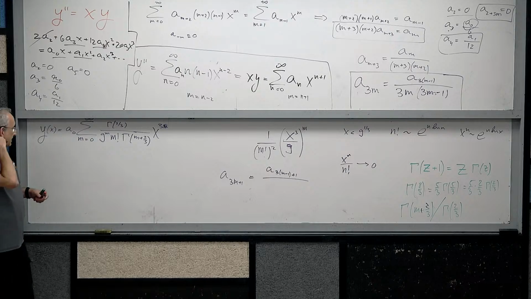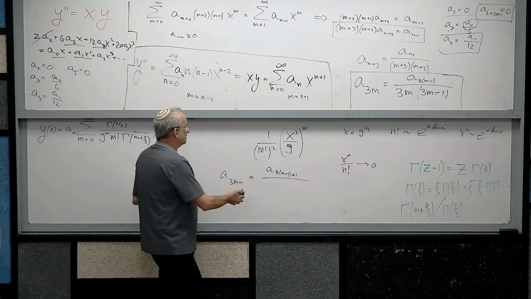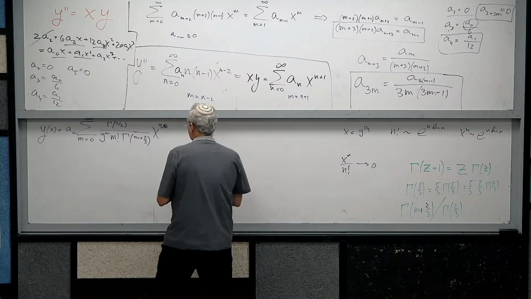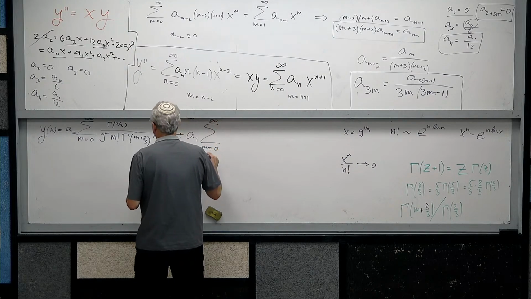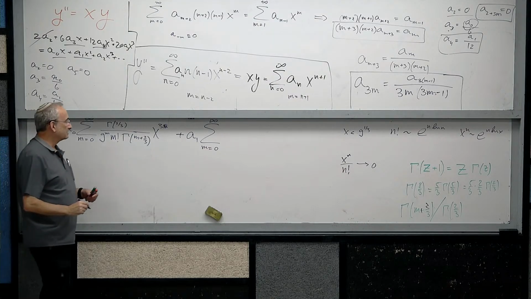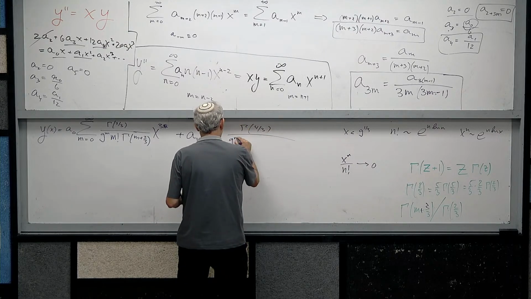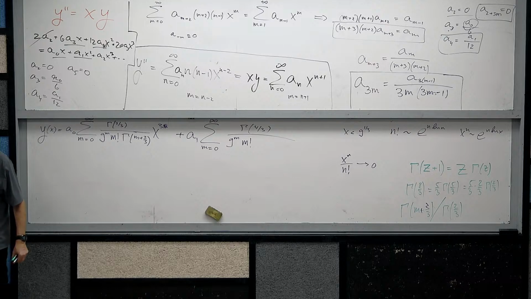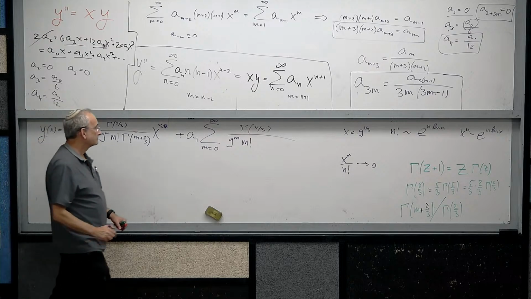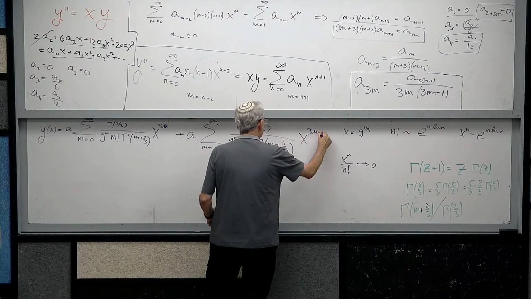In any case, you can, at home, calculate the second branch, which starts at x to a1, and you will find out that this is plus a1 times the sum from m equals 0 to infinity of gamma of 4/3 divided by 9 to the m times m factorial times gamma of m plus 4/3 times x to the 3m plus 1.